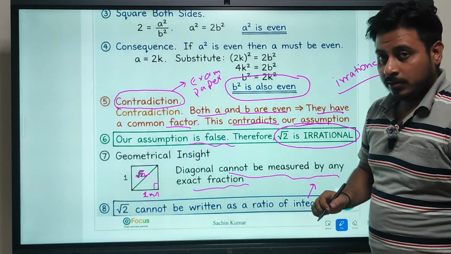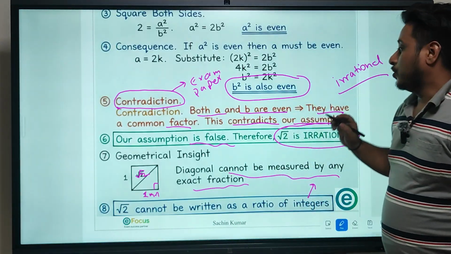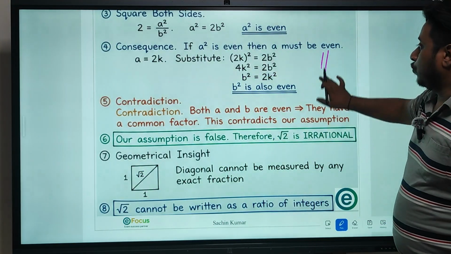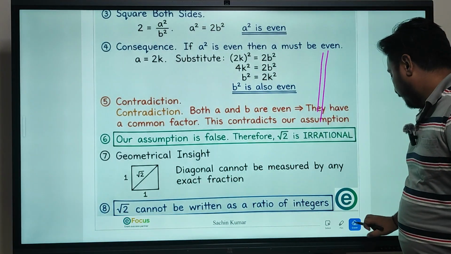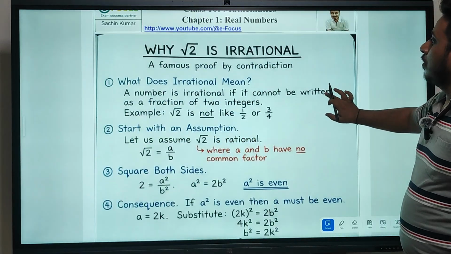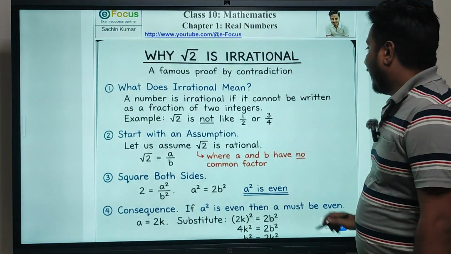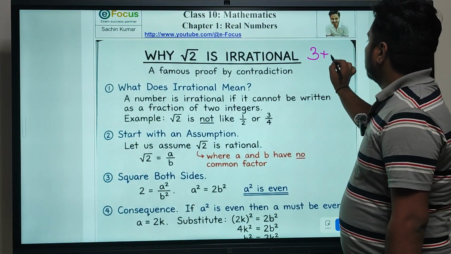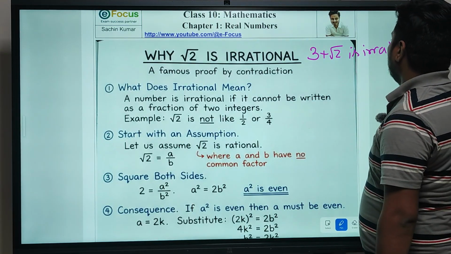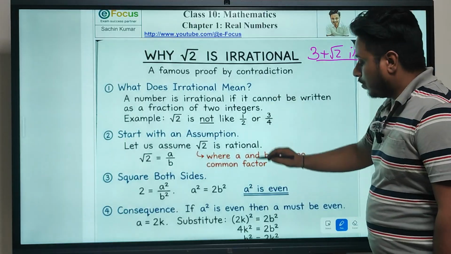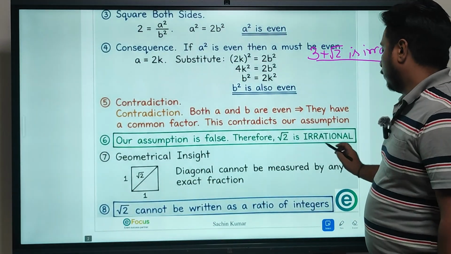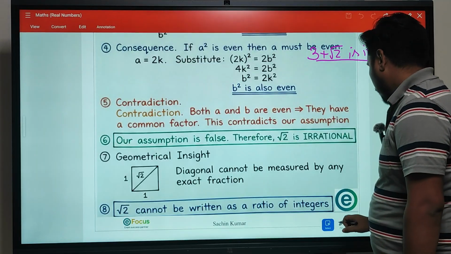In addition to that, maybe in the exam, instead of being asked to prove that root 2 is irrational, you may get 3 plus root 2 is irrational. So what you will do is repeat all of these statements, and stop here.